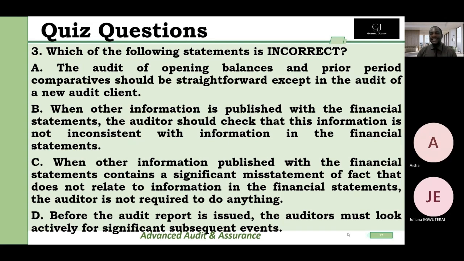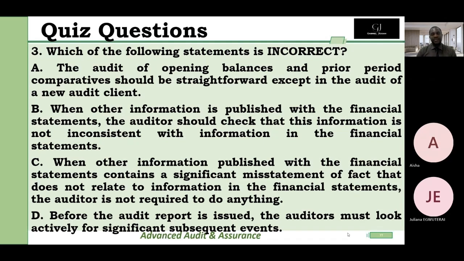Which of the following statements is not correct? So take note, incorrect is not correct. I'll go again. A, the audit of opening balances and prior period comparatives should be straightforward, except in the audit of a new audit client. B, when other information is published with the financial statements, the auditor should check that this information is not inconsistent with information in the financial statements.